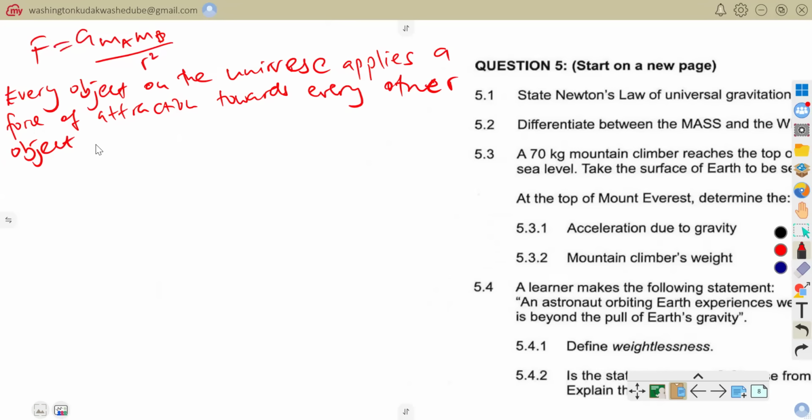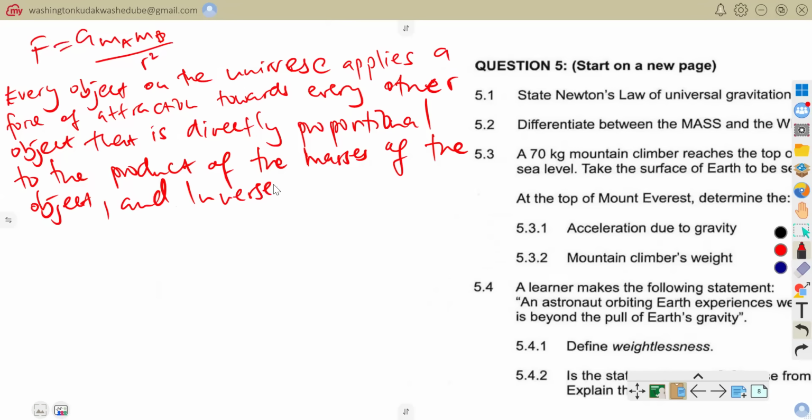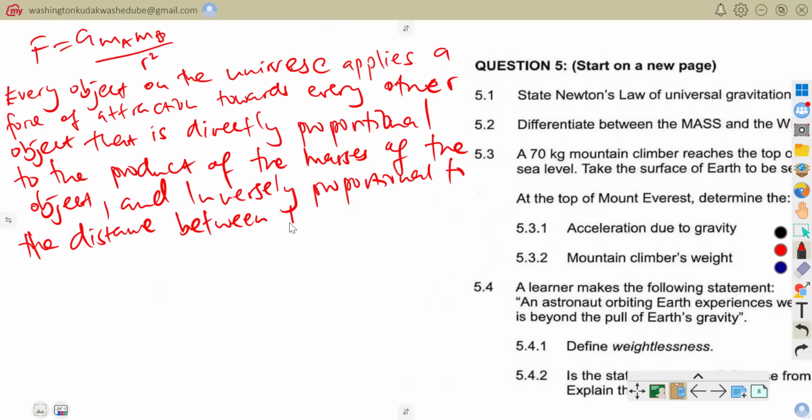a force of attraction that is directly proportional to the product of the masses of the objects, and inversely proportional to the distance between them, or between their centers.